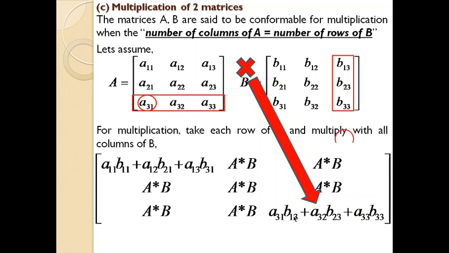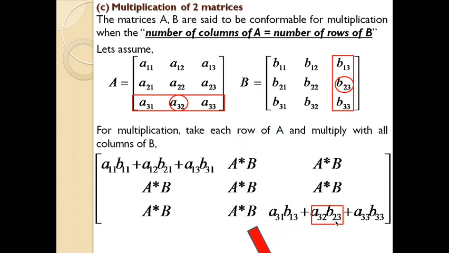Again, plus. After multiplying the first item, you have to put a plus sign, plus A32 into B23. See, A32 into B23. Again, plus.